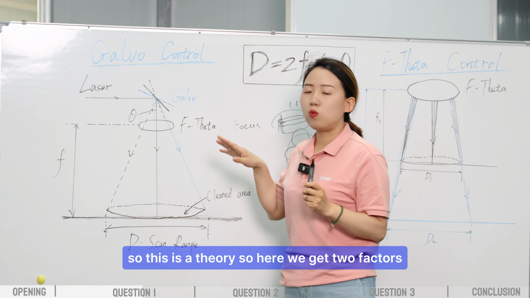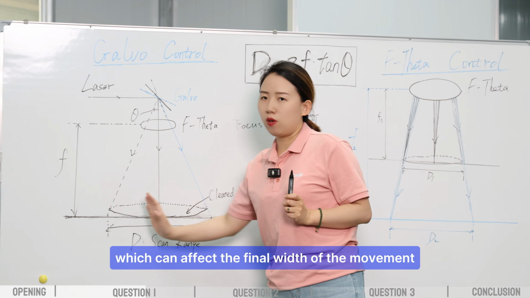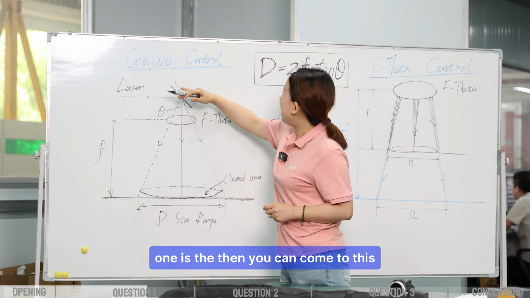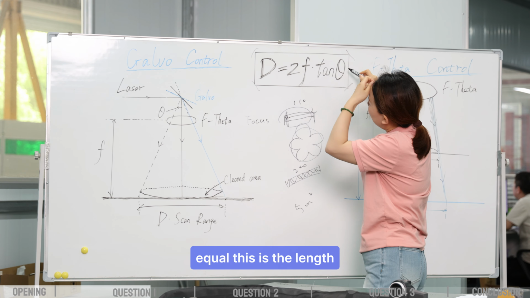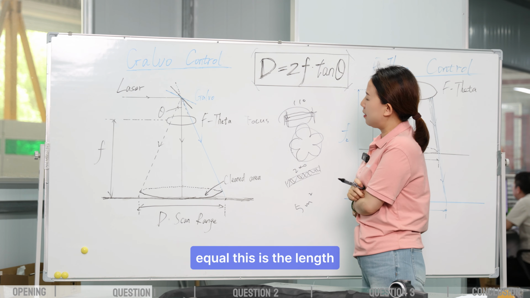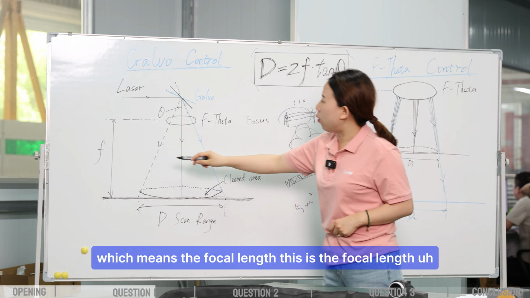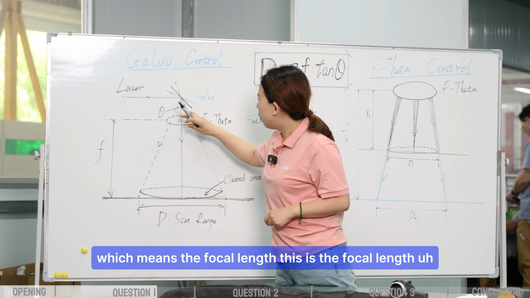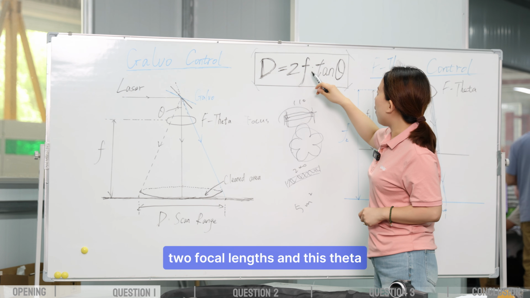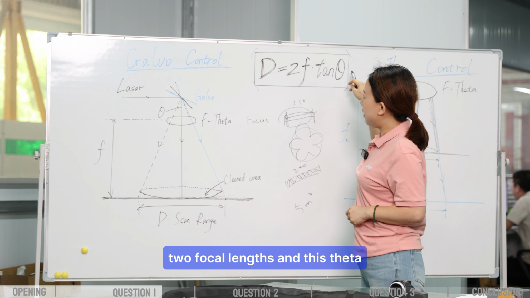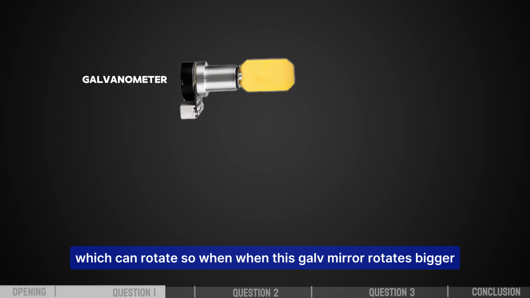So here we get 2 factors which can affect the final width of the movement. One is this length, the distance to F, which means the focal length. This is the focus length. So here to here, the focal point, is the focal length, and this theta, which is the angle, the angle of the galvo mirror, which can rotate.